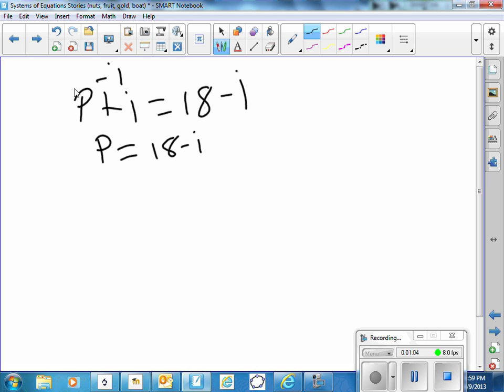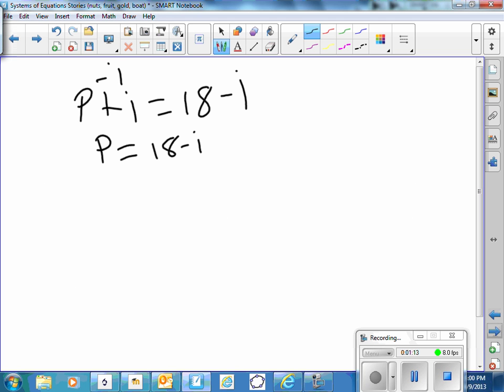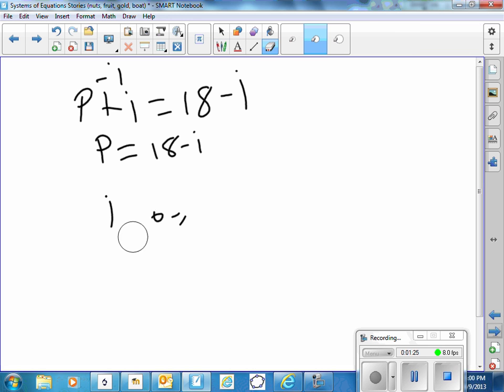And we know that the impure at 63%, the number of pounds of the impure times 0.63. I guess we could write that a little better.